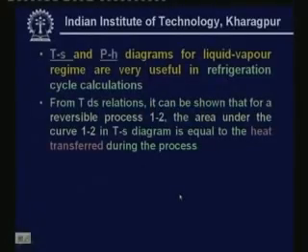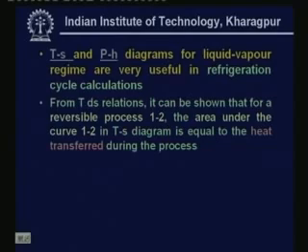As I mentioned in the last class, using the second law of thermodynamics and the TdS relations, it can be shown that for a reversible process 1, 2, the area under the curve 1, 2 in the TS diagram is equal to the heat transfer during the process.